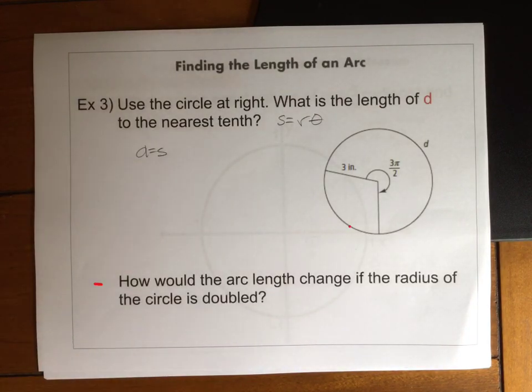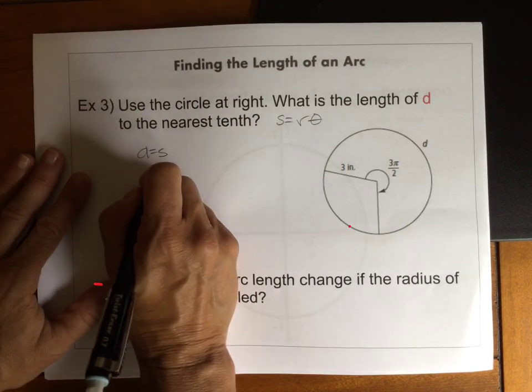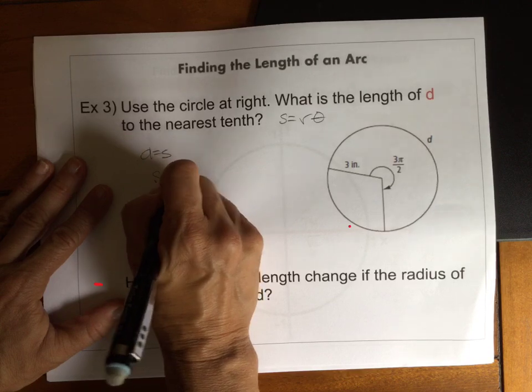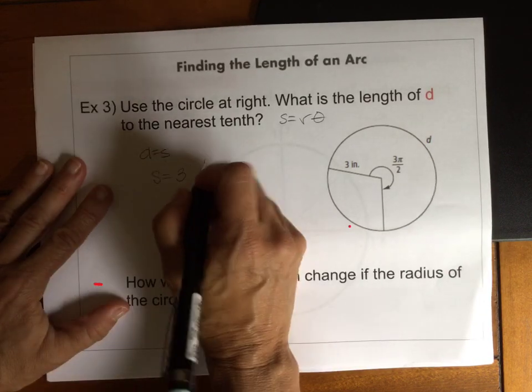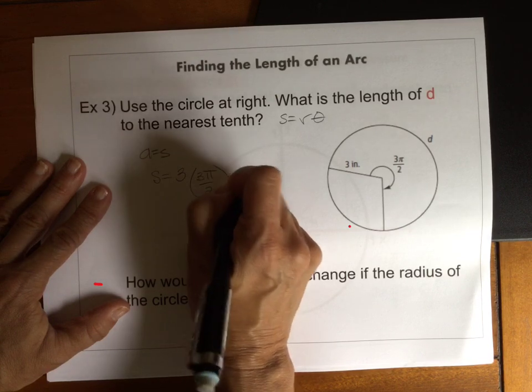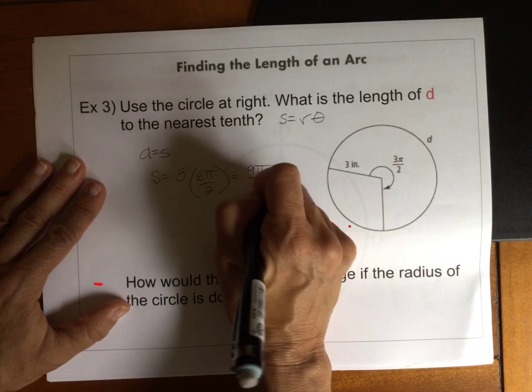And they very nicely laid it out all for us here. So we can say that S is my radius of 3 inches. And then we want to multiply it by 3 pi over 2. So originally you get 9 pi over 2.